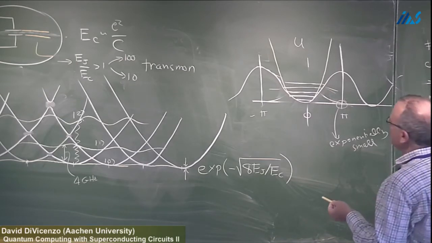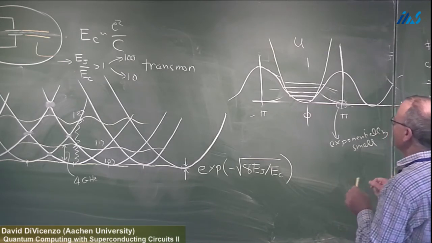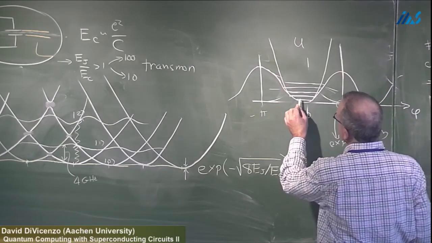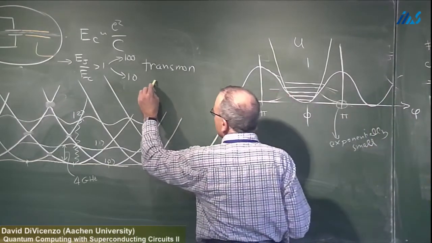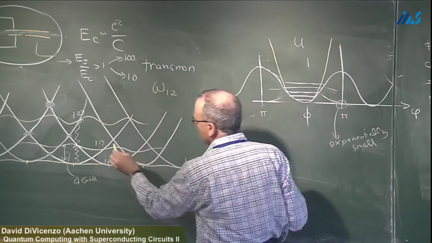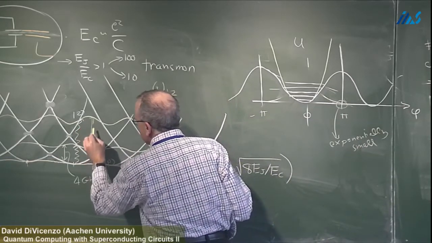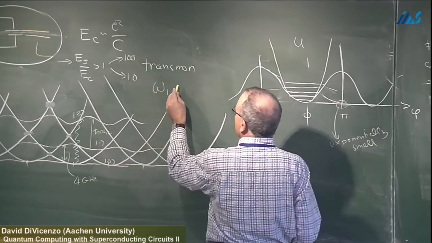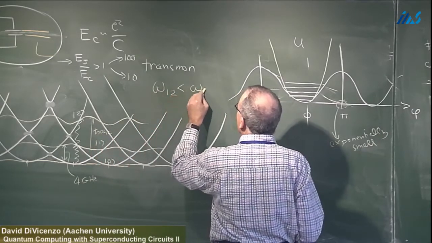But it was understood that it's just important that they're not at the same frequency, and smaller is okay. So what I'm saying is that the energy difference, h bar times omega 1,2, is a bit less than h bar omega 0,1.